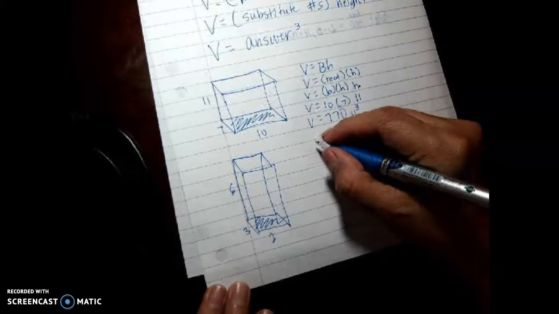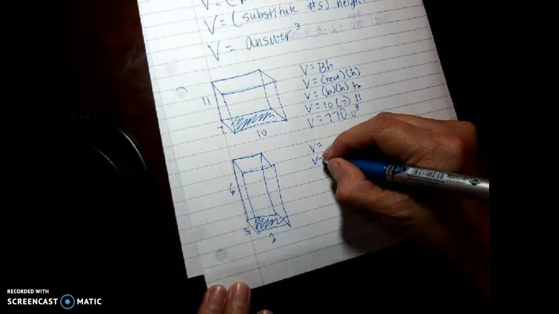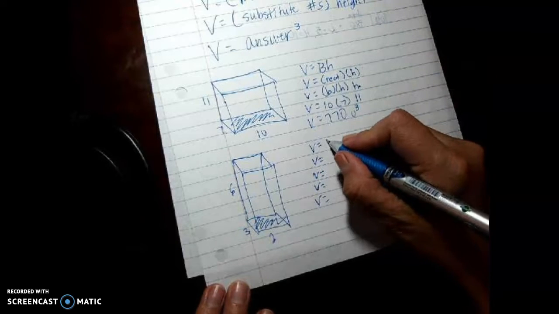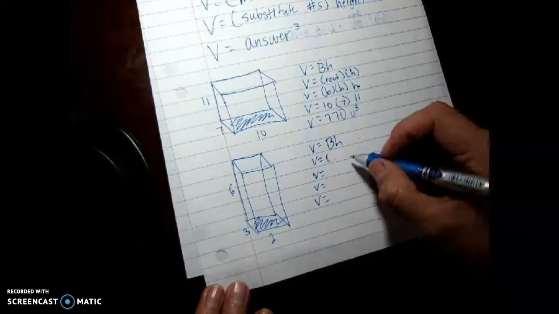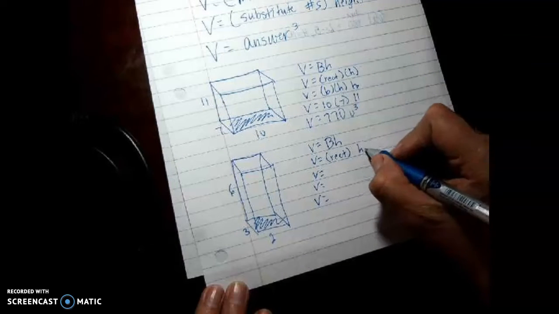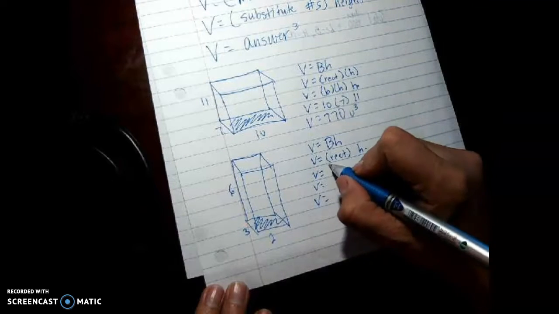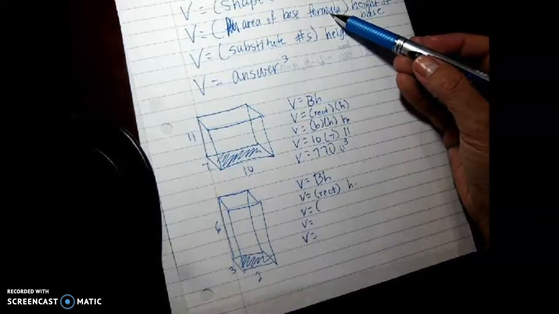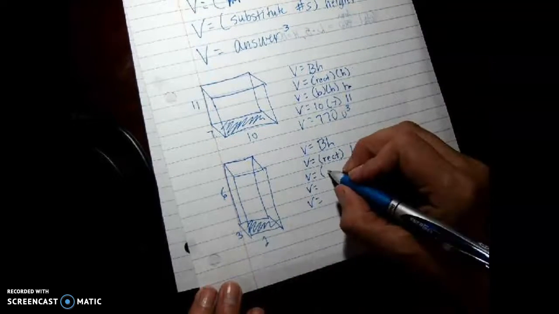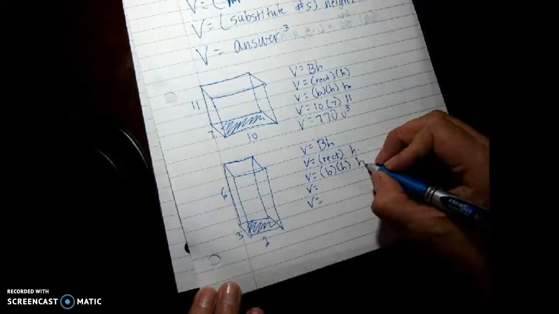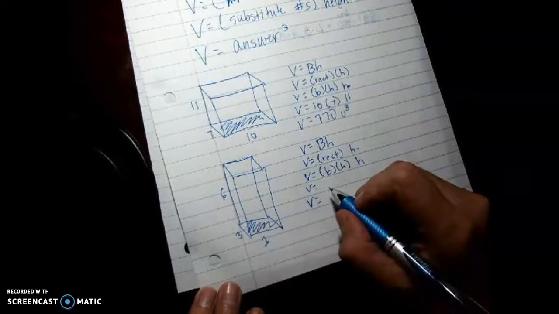All right, V, we're gonna put all the V's down. All right, V equals big B H. The second one, it's still a rectangle. And the H is the height that connects the bases. Then the area of the base formula. So the area of a rectangle is base times height. And then the base is going to be 2.